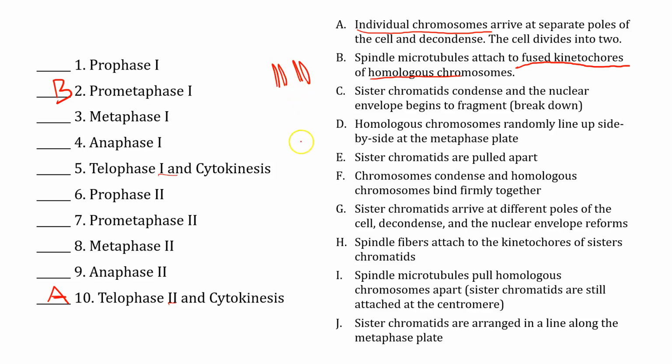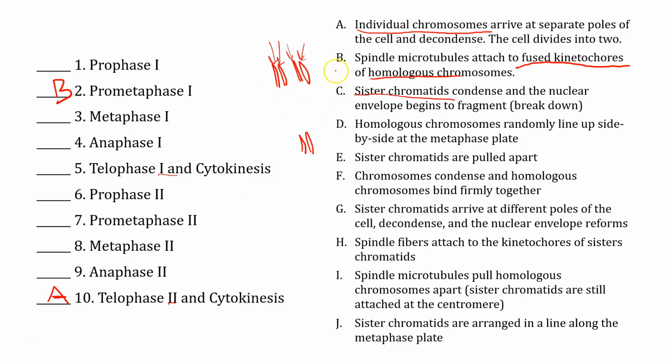And if it was prophase 2, there wouldn't be homologous pairs, it would just be the individual duplicated sister chromatids. Now keep in mind, in prophase 1, there are sister chromatids present, so you could make the case that maybe this is referring to both of them, but I'll show you in a minute. There's another reason why this is not the case, because there's a better answer choice later that occupies prophase 2.